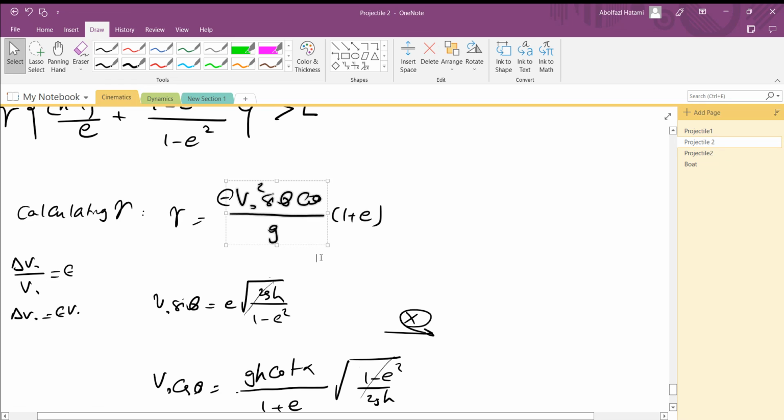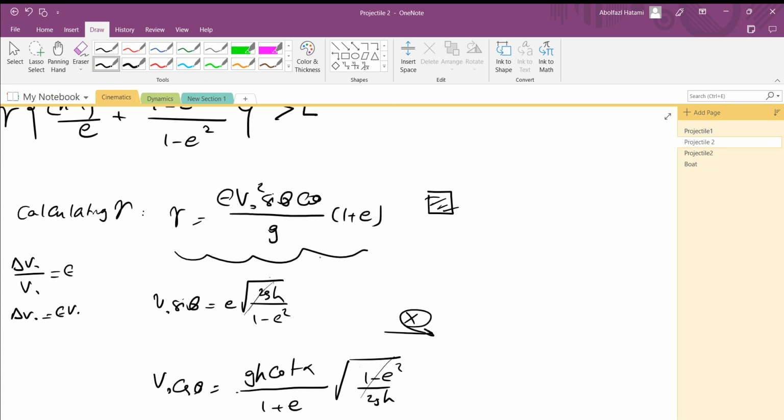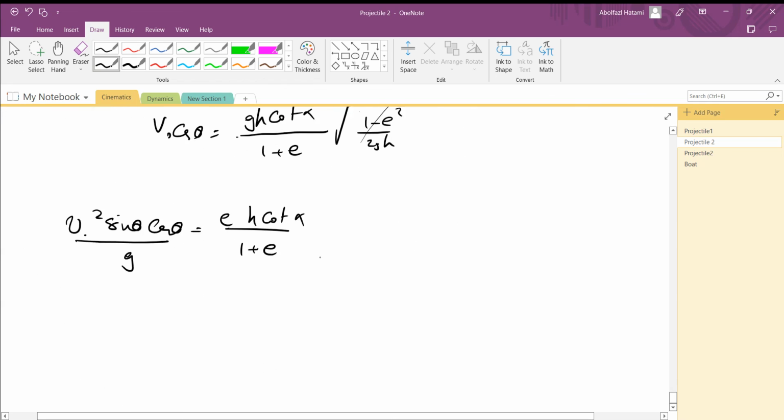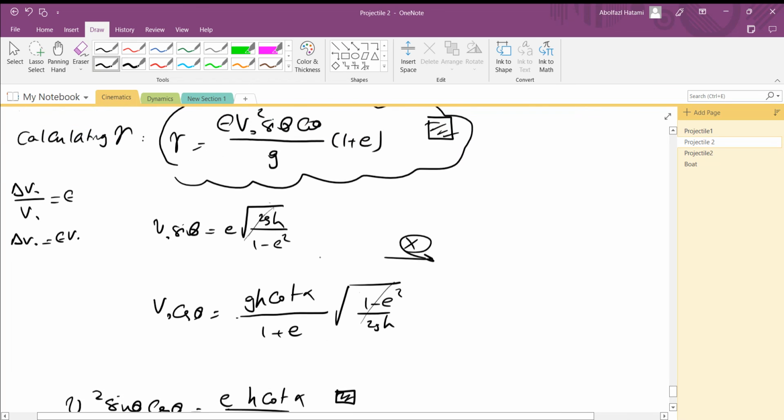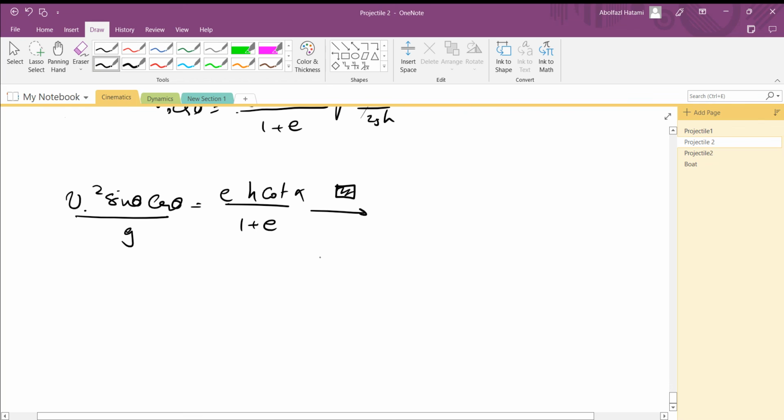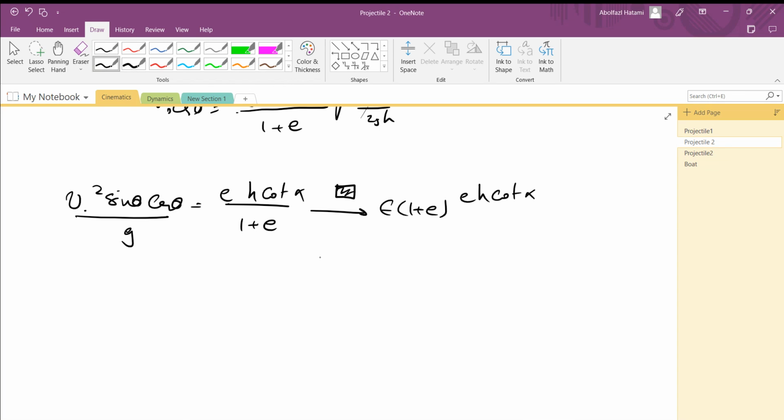Let me call this the square equation. By the square equation, if we substitute it, we can obtain that epsilon times 1 plus e is going to be multiplied by e h cotangent of alpha divided by 1 plus e, which I can do something like this, which is gamma.